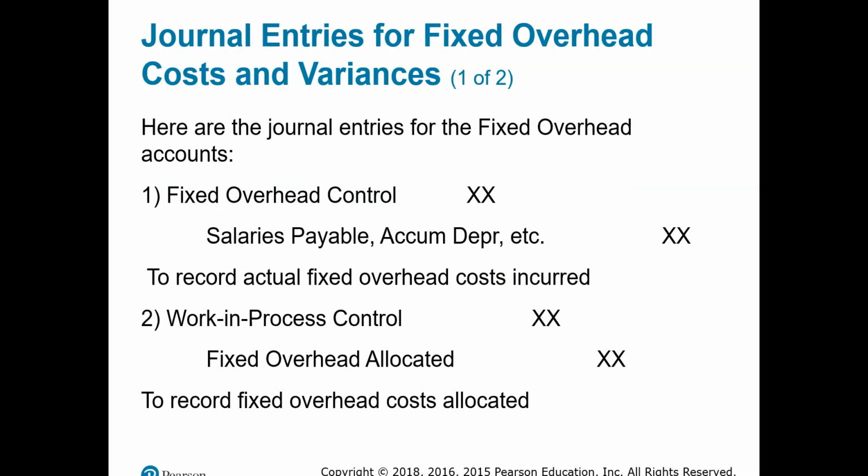How do we do the overhead journal entries for fixed overhead costs and variances? Same thing as with variable overhead. For the actual costs incurred, we're going to debit fixed overhead control and credit salaries payable, accumulated depreciation, etc. When we're allocating overhead, we're going to debit work in process and credit fixed overhead allocated.